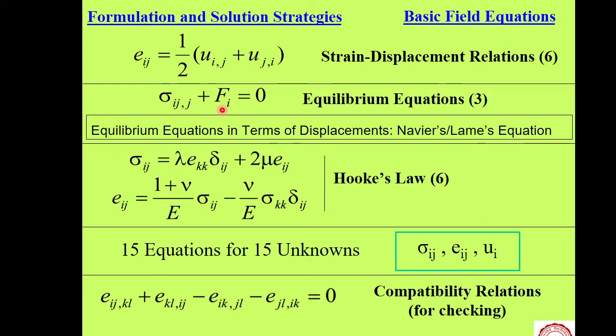This equation of equilibrium, when expressed in terms of this displacement field, gives 3 equations. And this 6, 6 and 3 make 15 unknowns. And then there are various other conditions, compatibility conditions for the strain field, and these individual equations have to be satisfied as well.